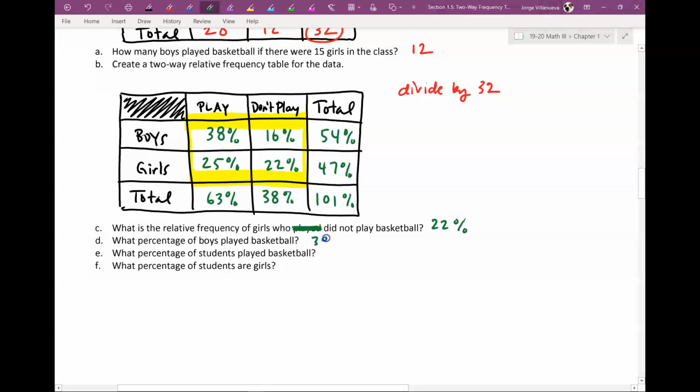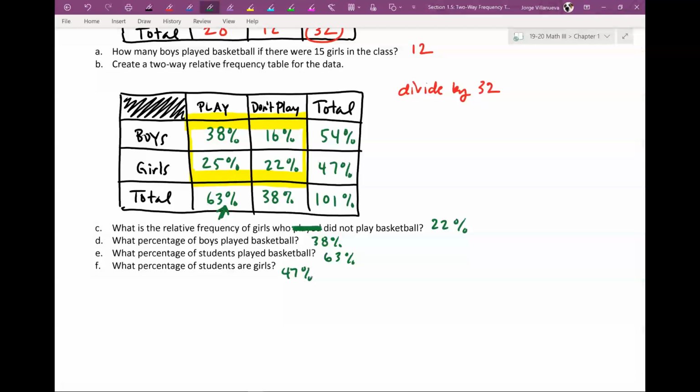So 38%. Thank you. What percentage of students played basketball? So that's going to be at the very bottom, right? 63% right here. And the last one, what percentage of students are girls? 47. Okay?